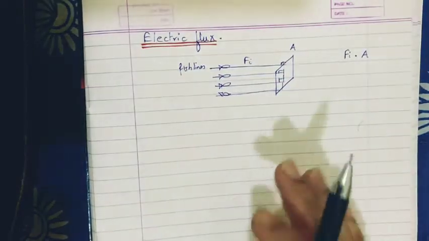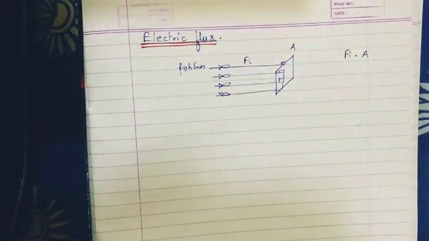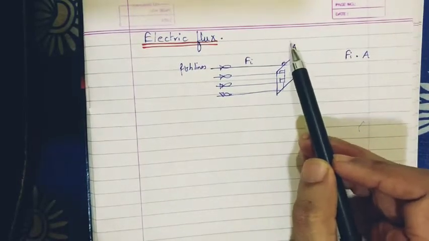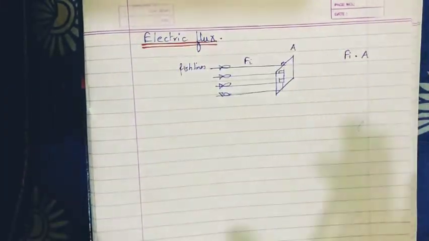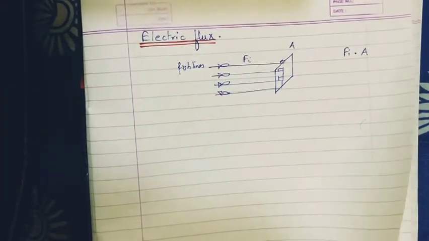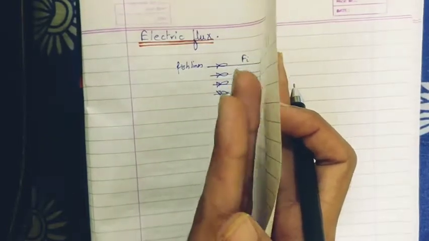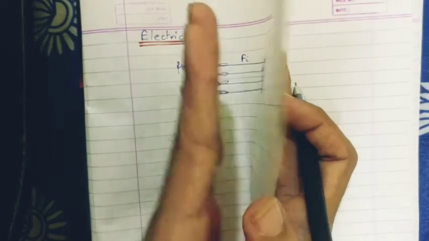Now let us relate this scenario with electrostatics. What I'm going to do is convert this area into a particular area through which electric field is passing. I'll consider an area like this. I had considered this earlier as a net, correct. Now I'm considering this as a particular area, and through this area electric field lines are passing.